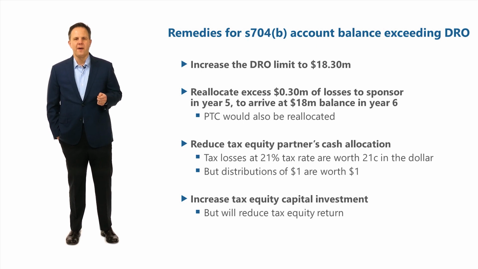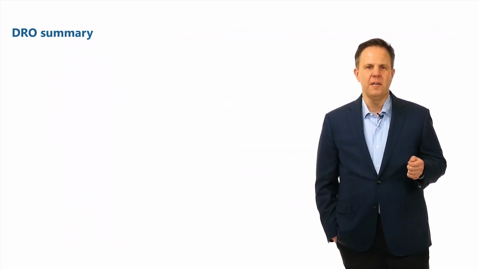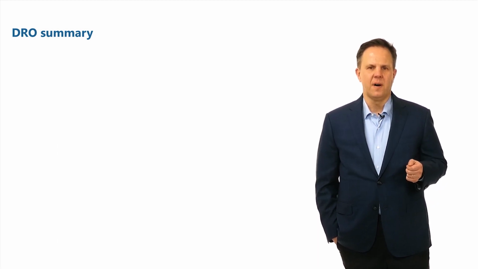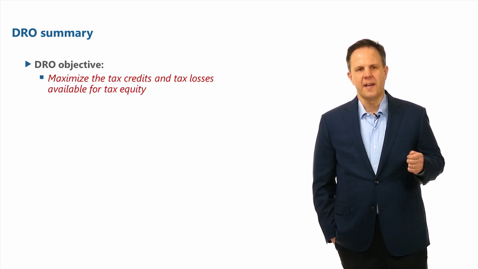Either way, without a higher DRO limit, the tax equity investment will be less efficient, and the tax equity investor will be unable to absorb as many losses, having to agree to lower cash distributions or having to agree to invest more upfront. Well, what are we trying to do here? Maximize the benefit of losses to tax equity so it invests more. The challenge is that the tax equity capital account trends negative.